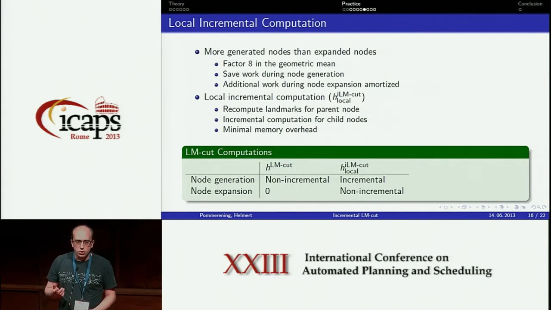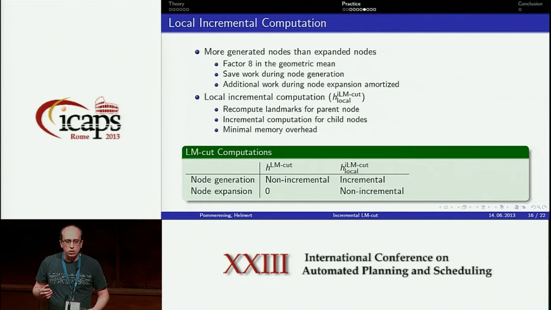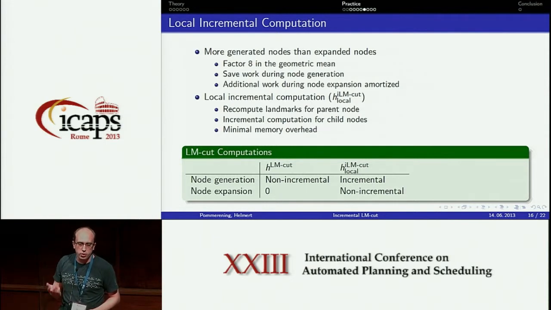Whenever we reach a node, we compute the landmarks for the parent node non-incrementally. Then we incrementally compute all the children that are generated during the expansion. After that, we just throw away the stored landmarks for the parent. This is only a very minimal memory overhead because we only ever need to store the landmarks for one node at a time.